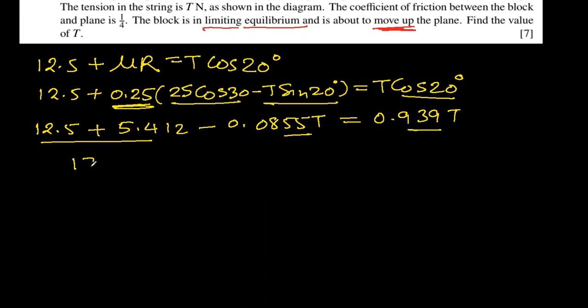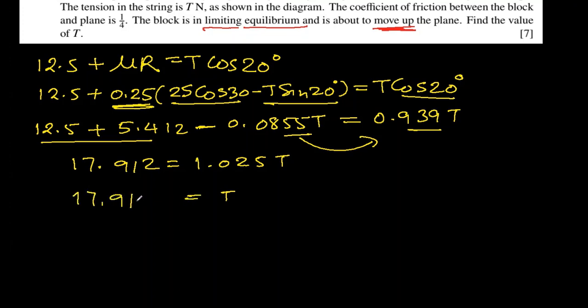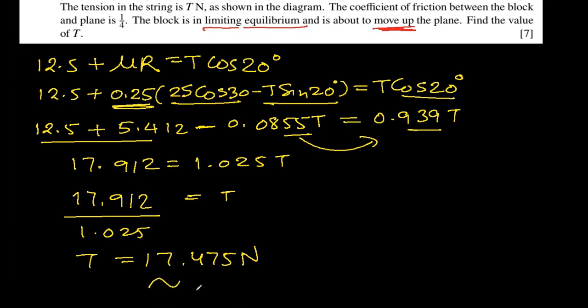This will be 17.912 equal to, when this negative goes to the right side, it becomes positive and they add up, 1.025 T. And T will be 17.912 divided by 1.025. That comes out to be T is 17.475 newtons, which can be rounded off to three significant figures, 17.5 newtons.